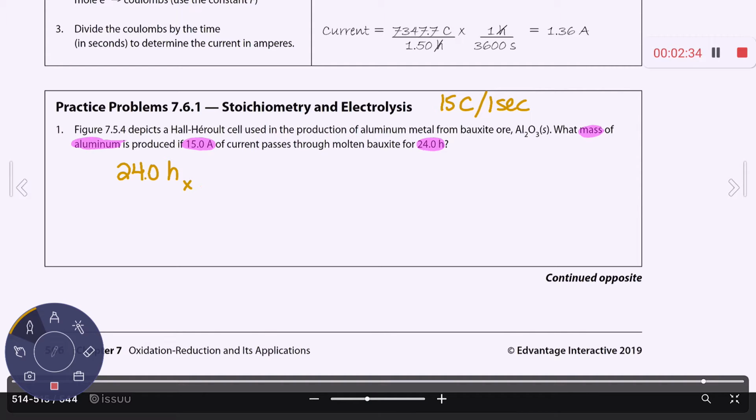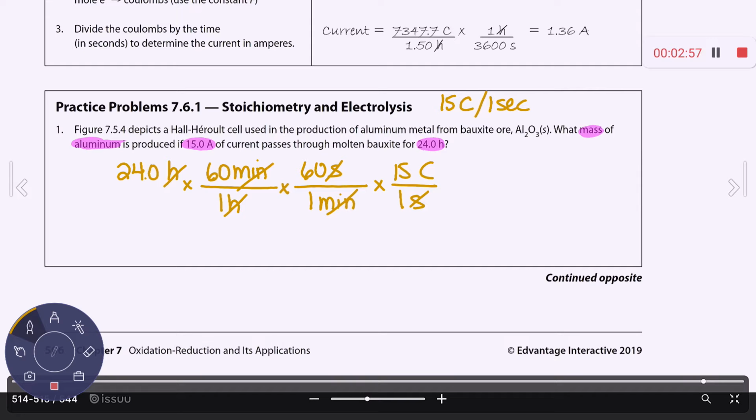There are 60 minutes in an hour, 60 seconds in a minute, and then use this 15 coulombs per second.